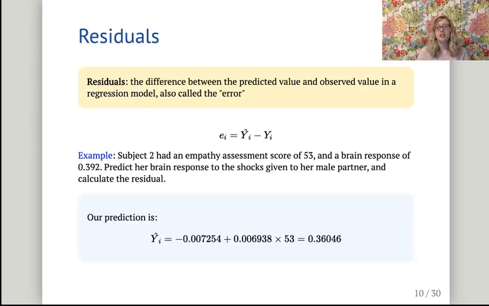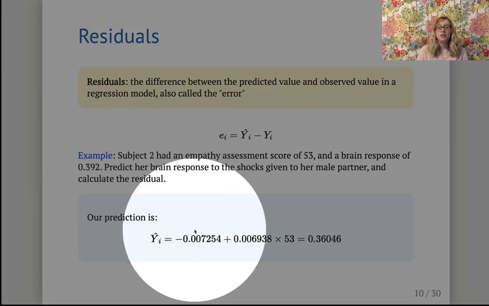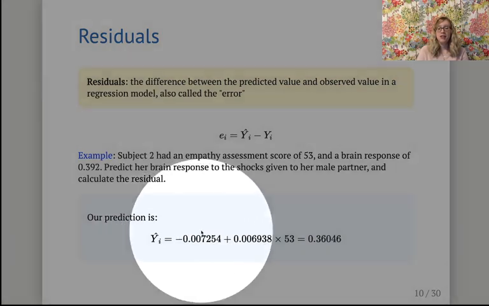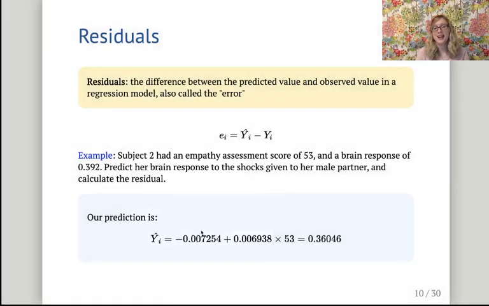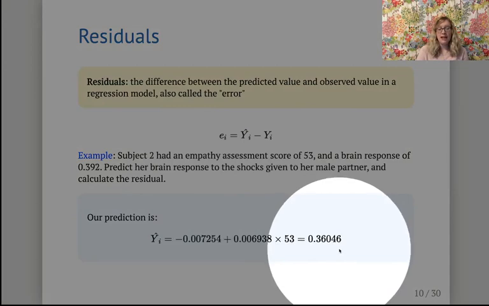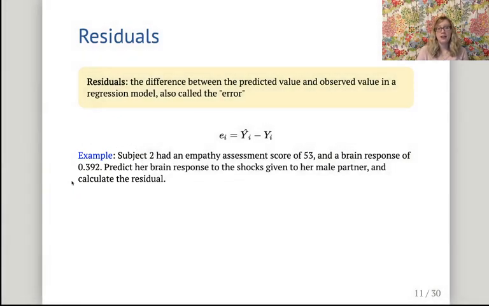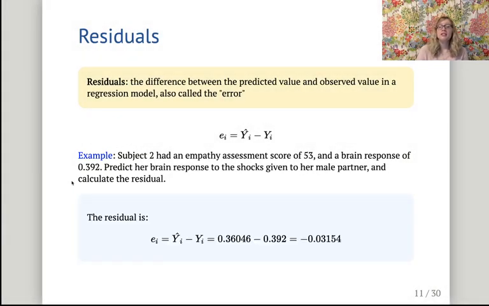So let's do the prediction first. Our prediction is that y hat is equal to negative 0.007 plus 0.0069 times her actual empathy assessment score of 53, and we get a predicted brain response of 0.36. Our predicted value is a little bit less than what actually happened, so our residual will be negative.